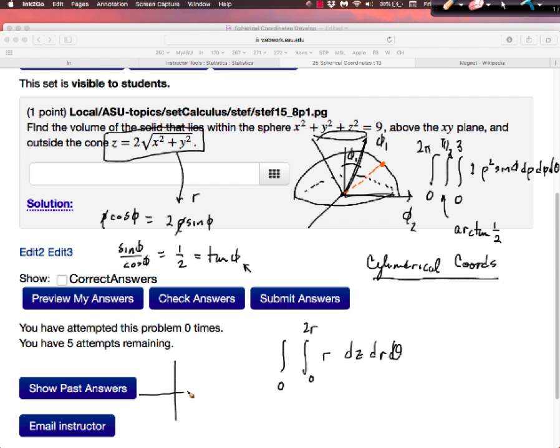Projection into the xy plane. So when we project this thing into the xy plane, what do we get? We get the whole disk from 0 to 3, right? And we also have what's going on at that top edge. So r goes from 0 to 3.